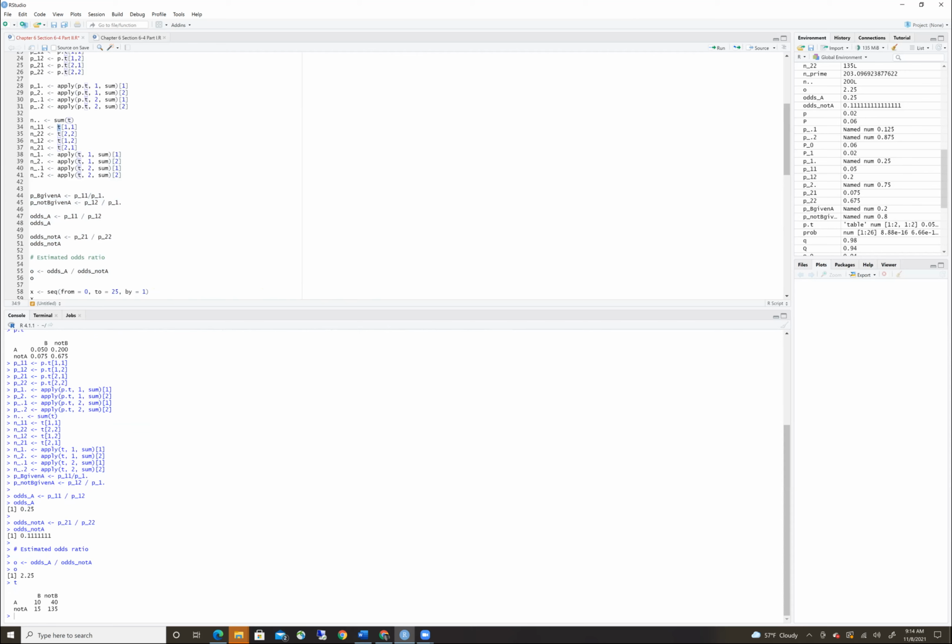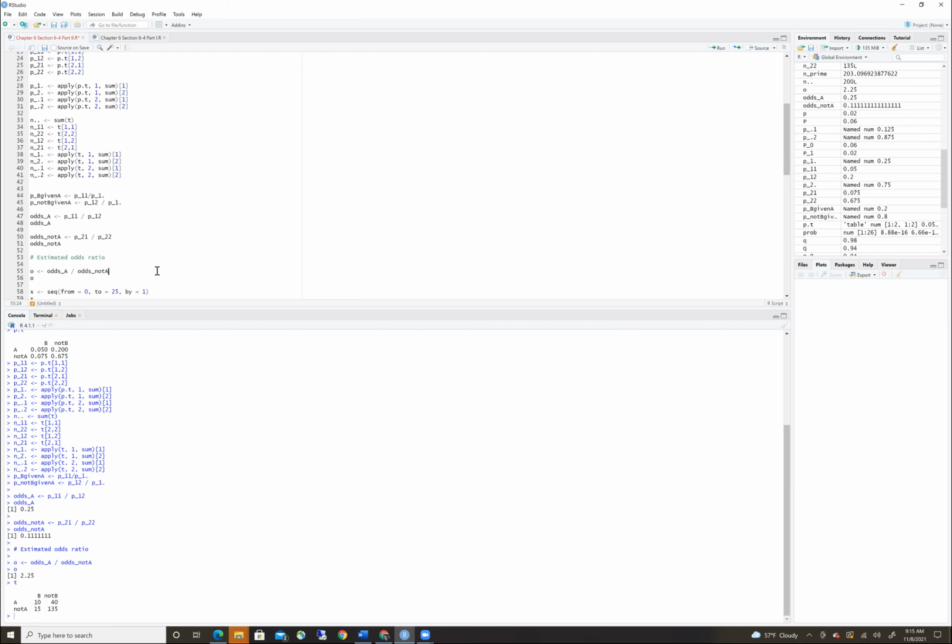So when we think about X, this value right here, the first cell, can only range up to the smallest of the marginals, because if we set the marginal frequencies to be fixed, then this value can only be as big as the smallest of the marginals.